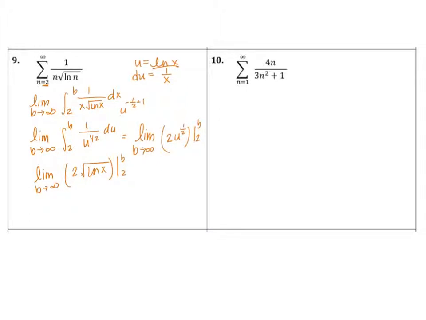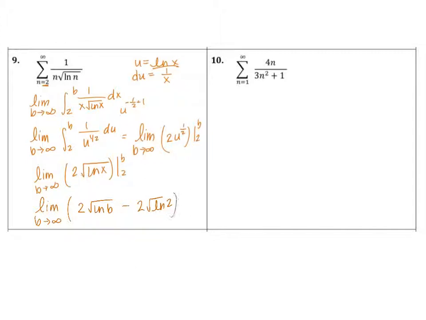So we're going to have the limit as b approaches infinity of 2 times the square root of the natural log of b minus 2 times the square root of the natural log of 2.